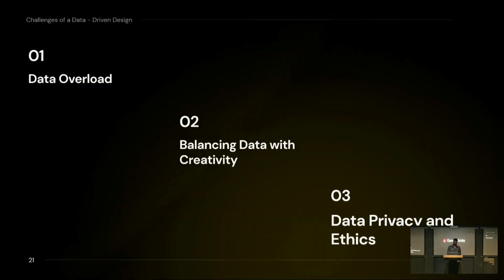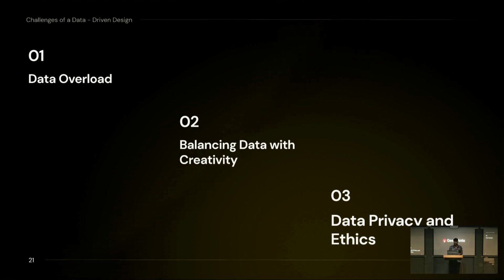One major challenge is data overload, because it is very easy to become overwhelmed with the sheer amount of data that is available. It is more important for you to understand your users' goals and motivations, and also your business goals, to cater to that particular data set. This will help you reduce data paralysis.